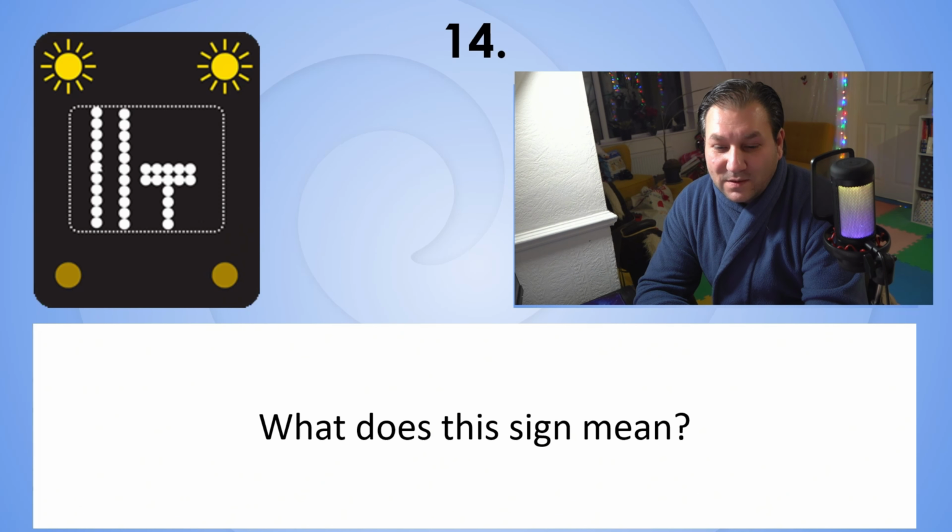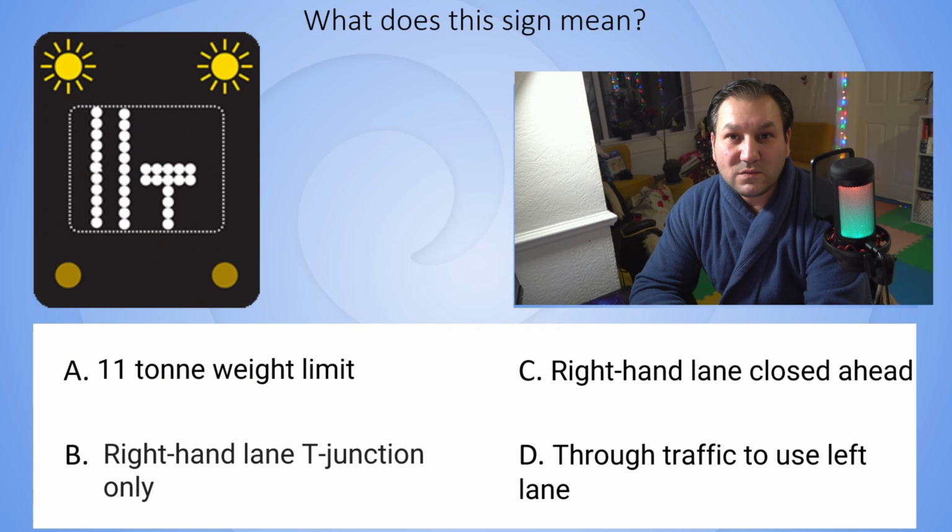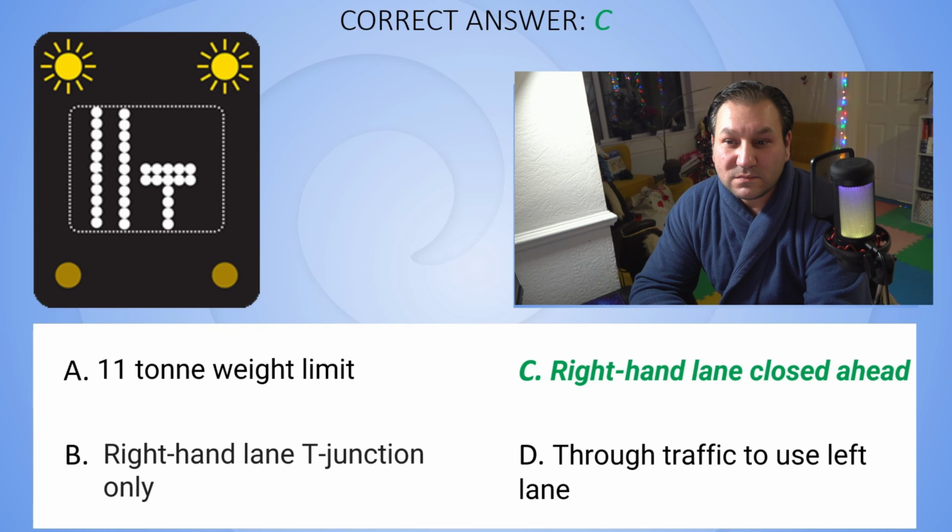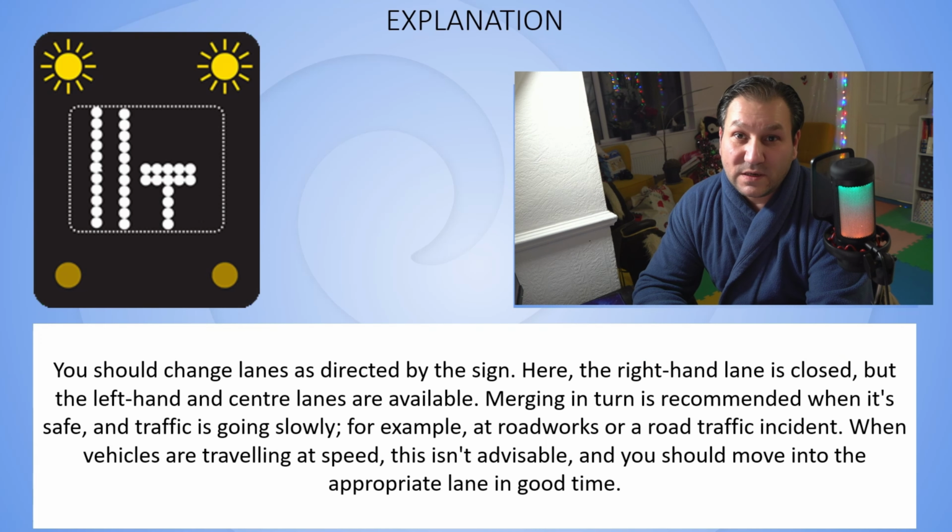14. What does this sign mean? A. 11-ton weight limit. B. Right-hand lane T-junction only. C. Right-hand lane closed ahead. Or D. Through traffic to use left lane. The correct answer is C. Right-hand lane closed ahead. Explanation.